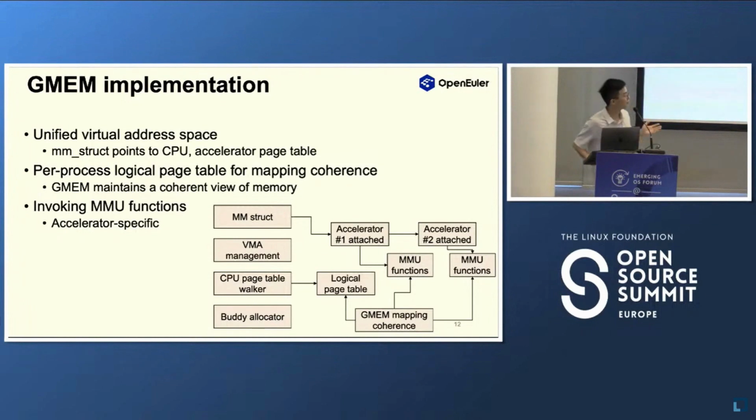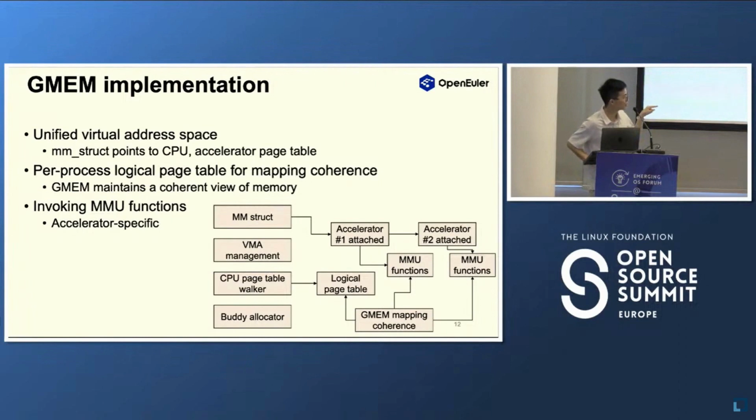Each accelerator has registered MMU functions, so that anytime there are page table changes and we need to coordinate between the page tables, the underlying GMEM mechanism maintains coherent mappings between these page tables using the MMU functions registered by the accelerator drivers.